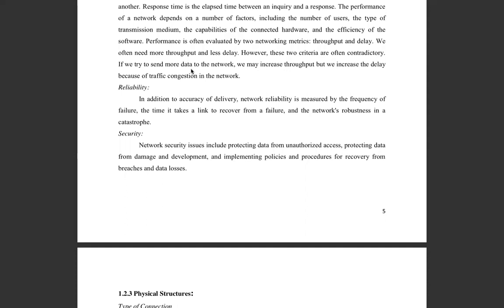Does it fail often, like ten times a day? Then there is a question mark on it. How long does it take to recover after it has gone down? You also have to check that. So that's the measure you can use to predict or detect the reliability of your network.